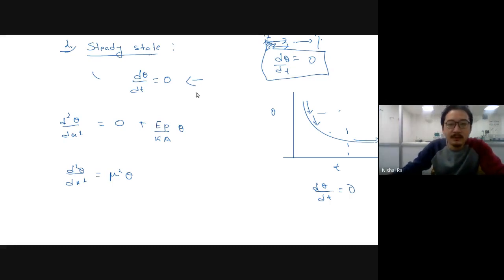Now, why do these two special cases make this easier? Because previously you had a second order differential equation, second order in position, and also first order in time. So basically it was a partial differential equation. On considering a steady state, you converted a partial differential equation into an ordinary differential equation. Now you have only a derivative with respect to x.